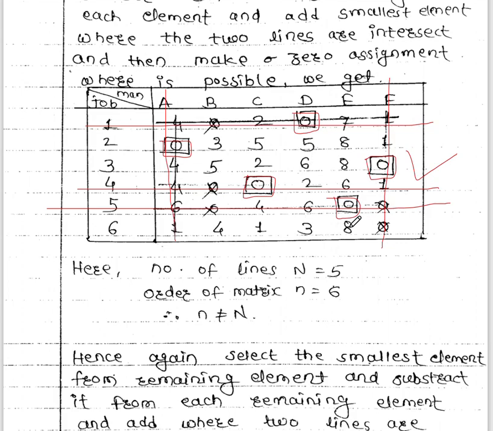Now we will check the number of lines, that is 5, and the order of the matrix, that is capital N, and hence we can say that capital N is not equal to small n. So again we have to select the smallest element from the remaining elements, and that will be 1. This 1 we will subtract from the remaining elements, add where the line is double crossed, and where the line is single crossed that element should remain as it is.